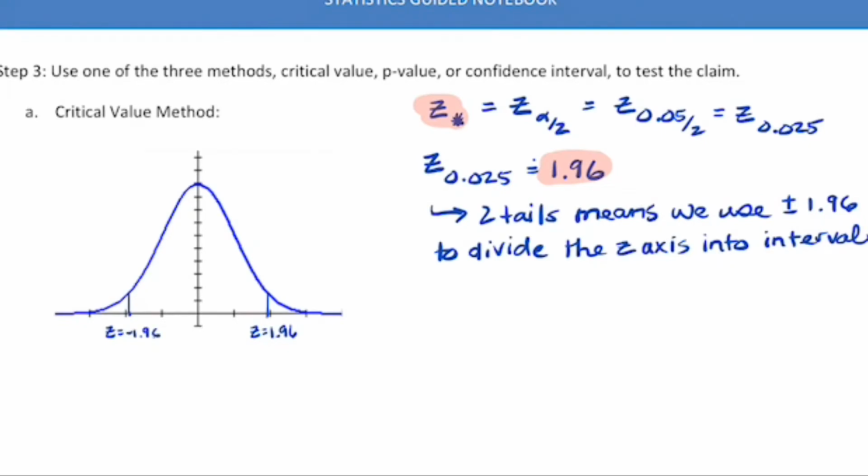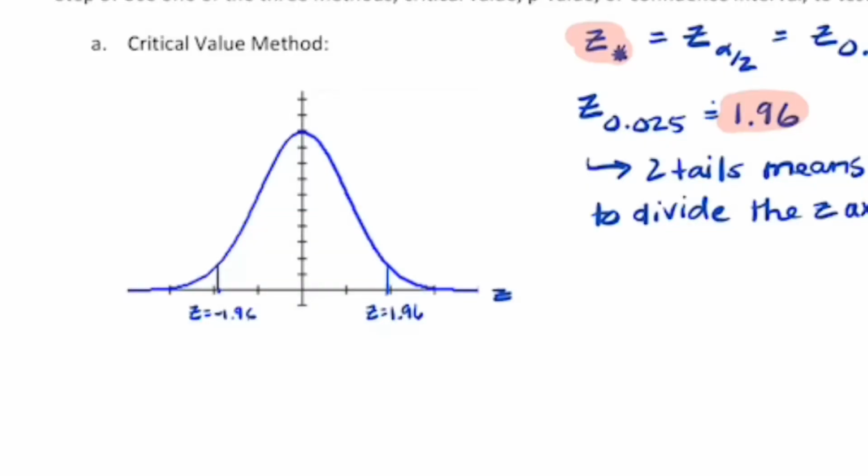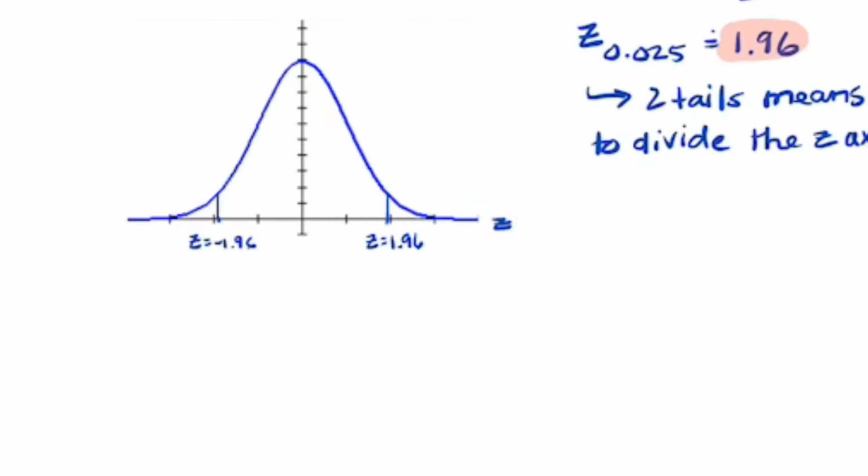Remember, this is the z-axis. And so our rejection region will lie in these little tails right here.